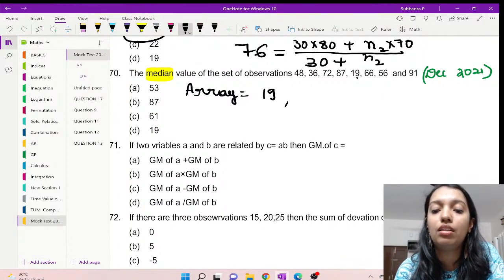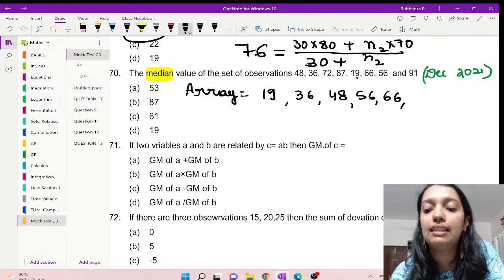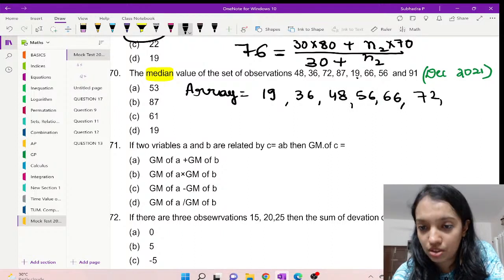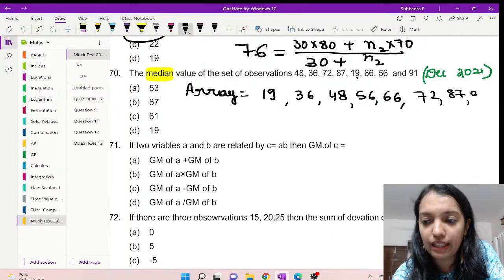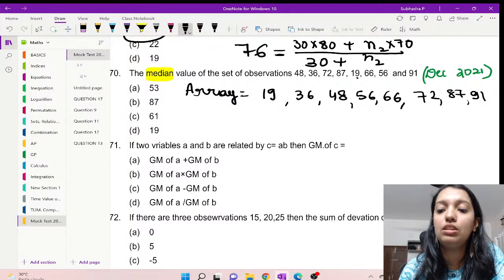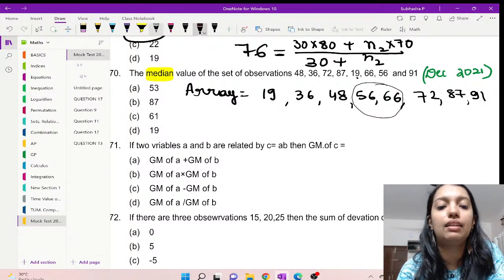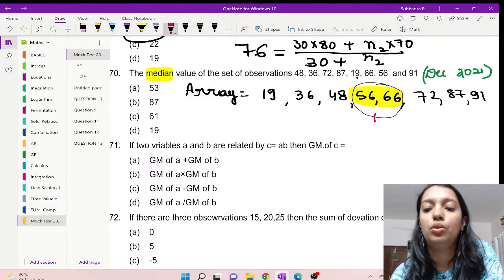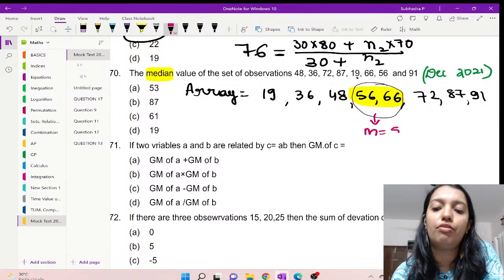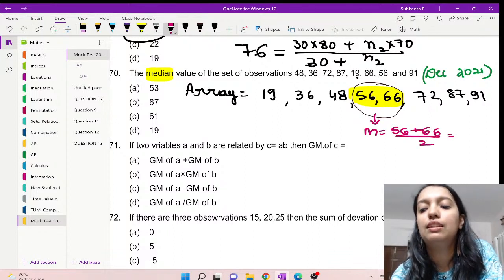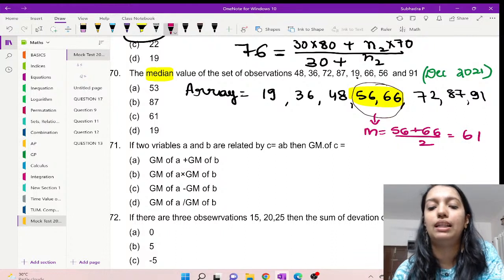It has to be 36, 48, 56, 66, 72, 87, 91. The middlemost values fall under this category. The middle value falls in between. So your median value will be 56 plus 66 divided by 2. Your answer will be 61, I believe.